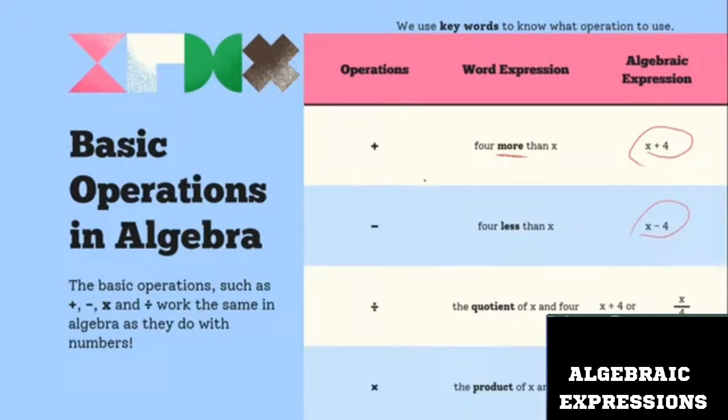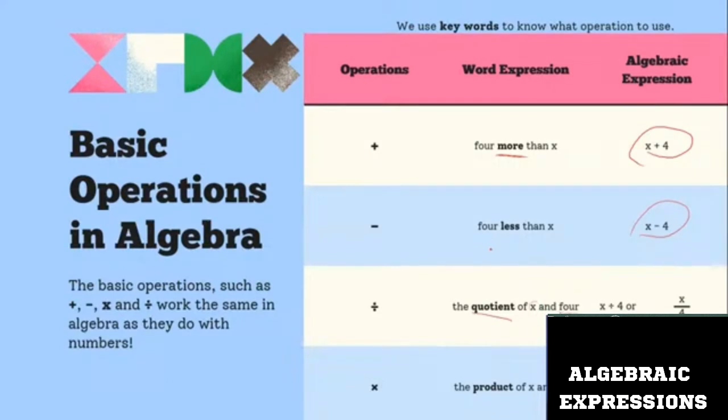If a question asks us the quotient, what it's asking us is for us to divide. So let's say it says the quotient of x and 4. What it simply means is we normally take the first one that we've been given and make it our numerator, and the second one our denominator.